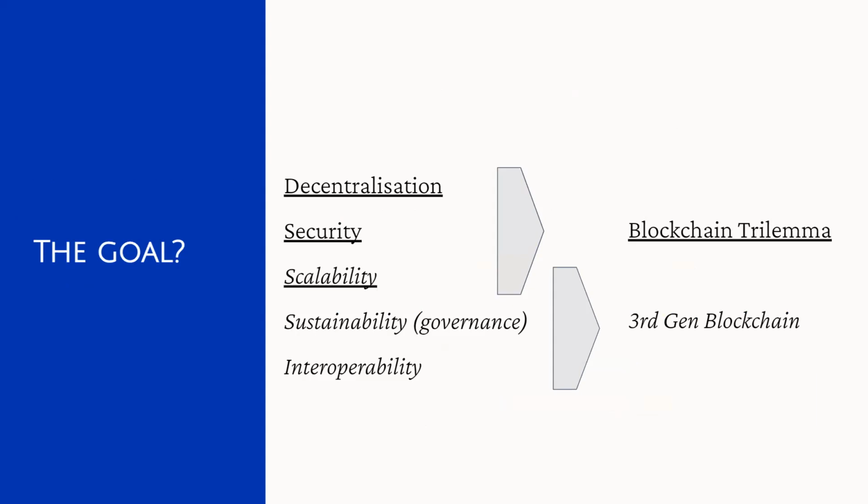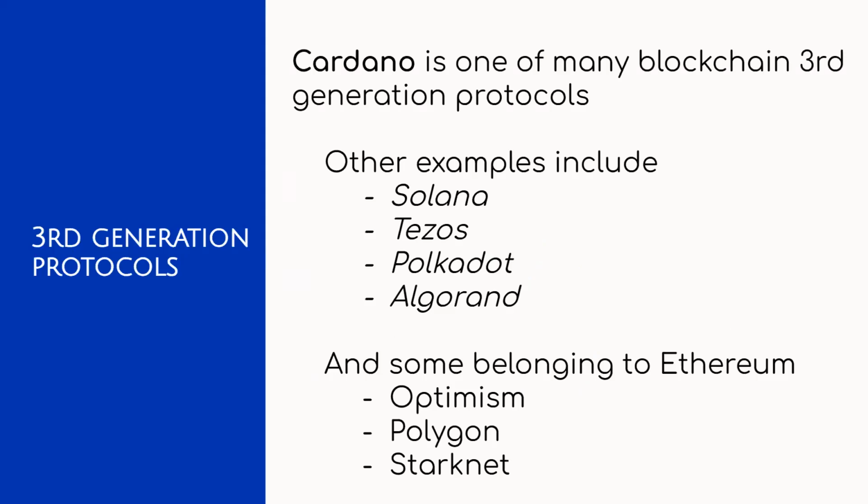What 3rd generation blockchains do is make them more sustainable through what we call proof of stake, as opposed to proof of work, which I'll come to. And they try to be interoperable with other currently existing blockchains as well. There are many other 3rd generation protocols like Solana, Polkadot, etc., and also some that are built upon Ethereum, like Polygon.